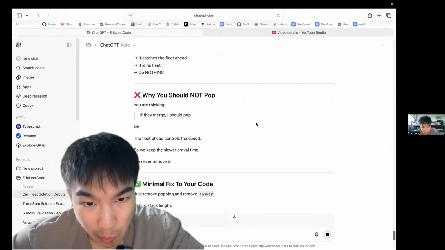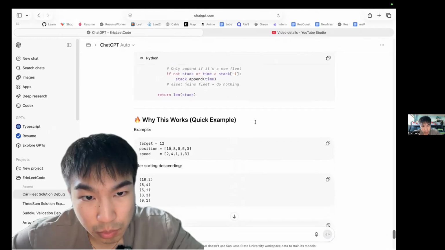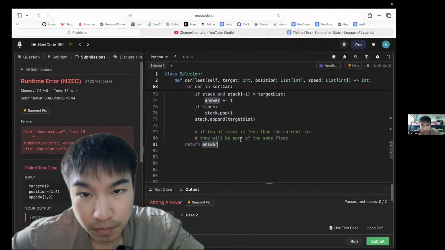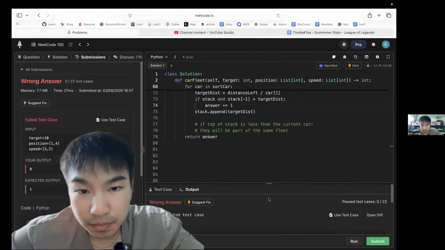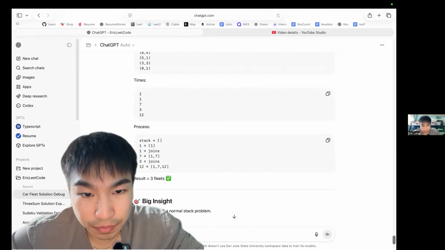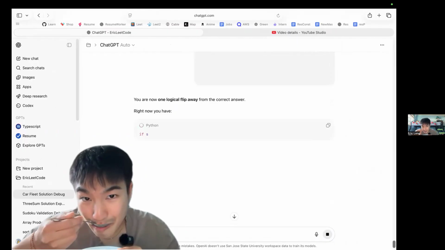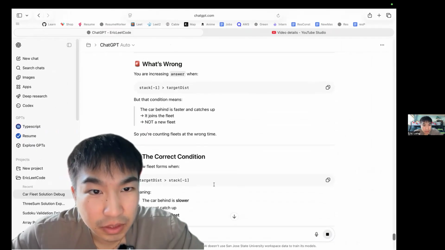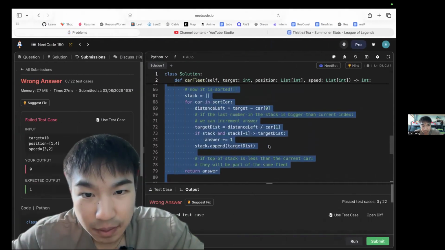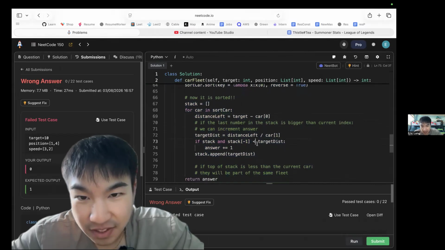We should not pop. Target distance. We actually reverse this.